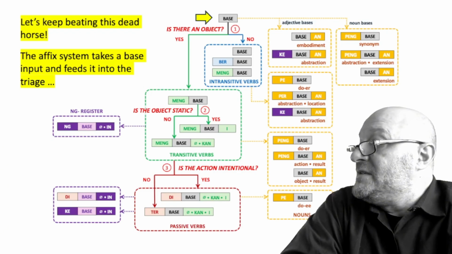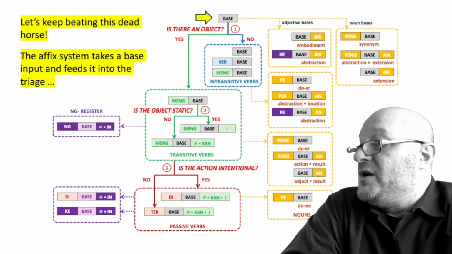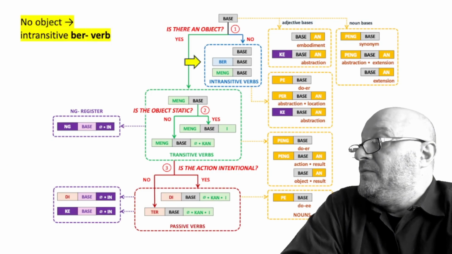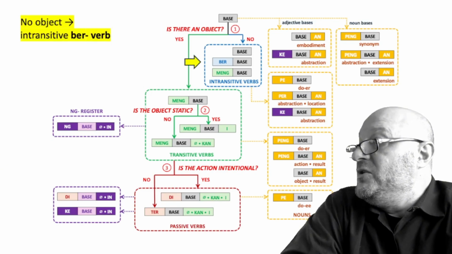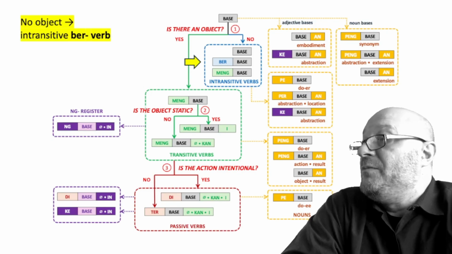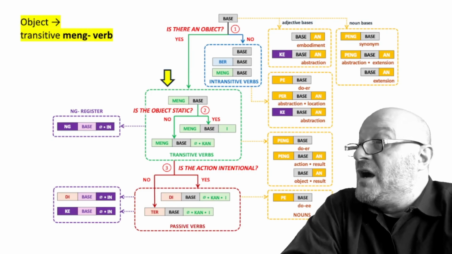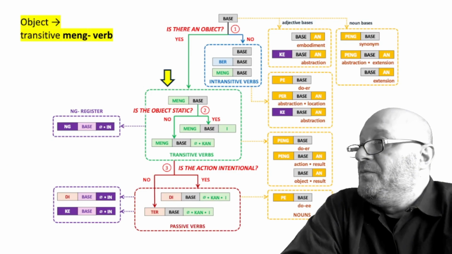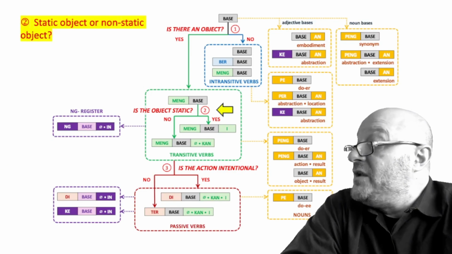The affix system starts by taking a base input and it feeds it into the triage. It then asks the question, object or no object? If there's no object, you get an intransitive verb. If there's an object, you stick on meng- to give a transitive meng verb. But wait, there's another question.